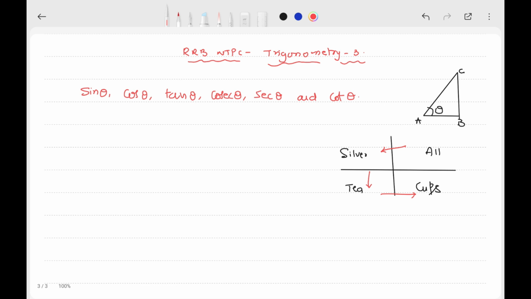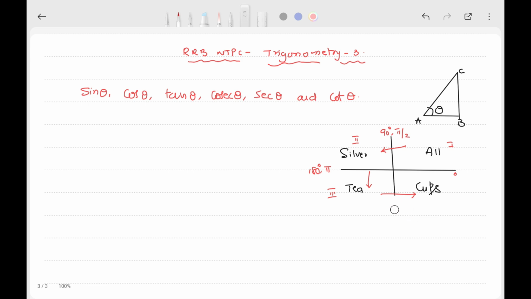In the first quadrant, the angle is from 0 degrees to 90 degrees or pi by 2, and in the second quadrant the angle is from 90 degrees to 180 degrees or pi, and in the third quadrant the angle is from 180 degrees to 270 degrees, or 3 pi by 2. Sorry, it's not 240 and 2 pi by 3, that was a mistake from my side.